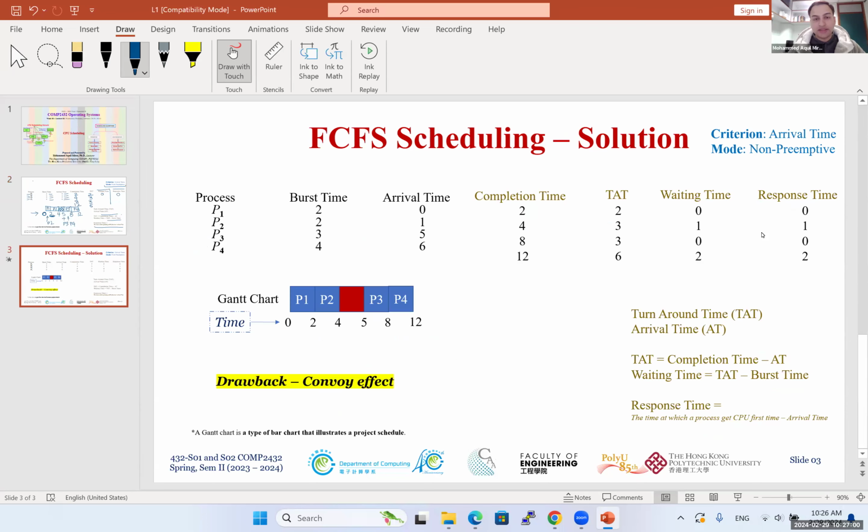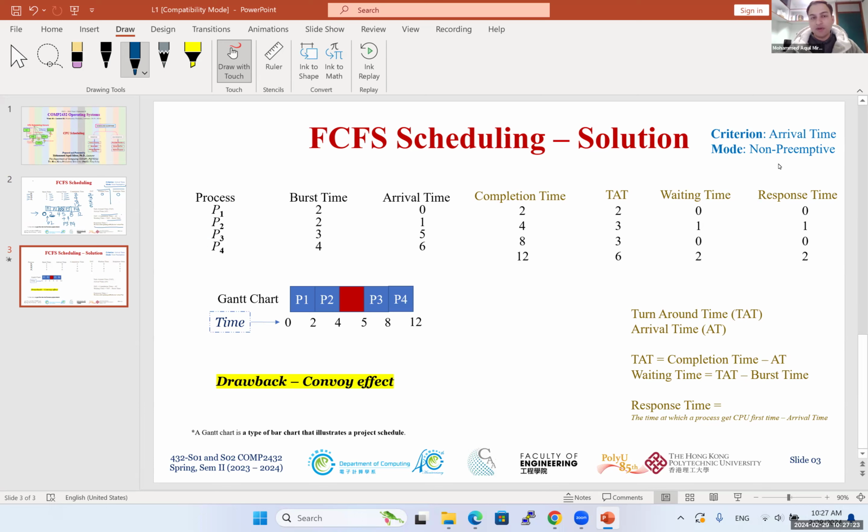So I have already calculated all the values for the turnaround time, waiting time, and the response time. So if you see, the waiting time and the response time remain the same. So this is happening because it's the non-preemptive mode. So the response time will be different from the waiting time when we are using the preemptive mode. So we will talk about that in the next scheduling algorithm.